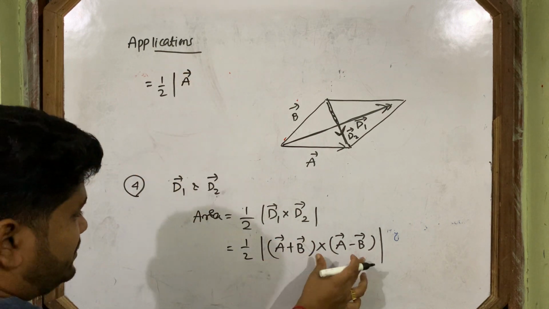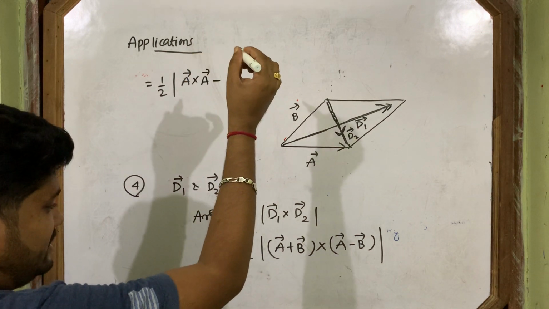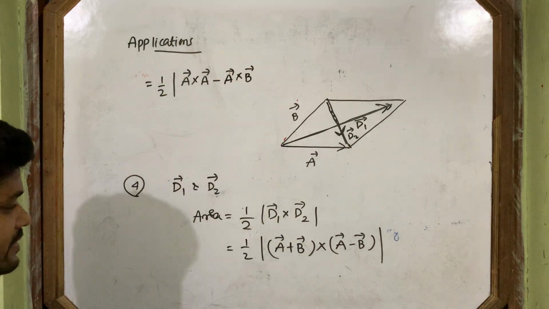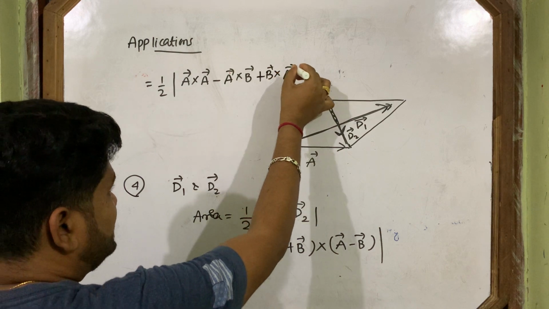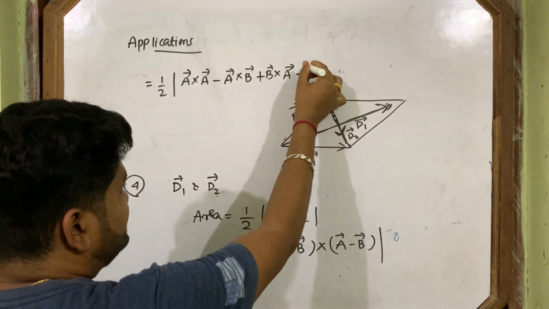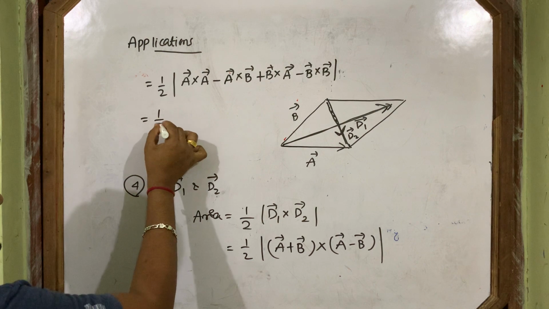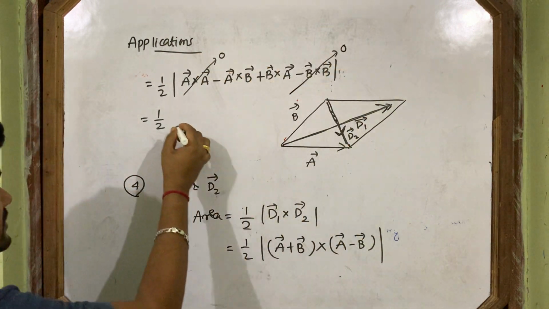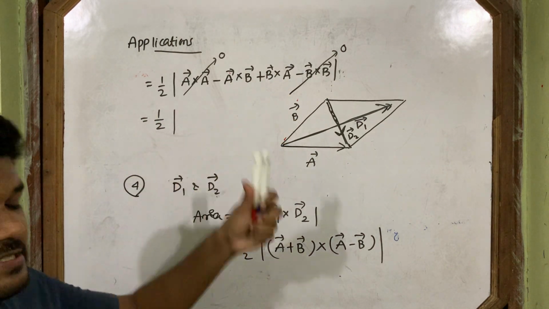Then now by distributive law you do A cross A, then minus A cross B, then B cross A, then minus B cross B. Mod is equal to half, this one 0, this one 0, then this is B cross A minus A cross B.